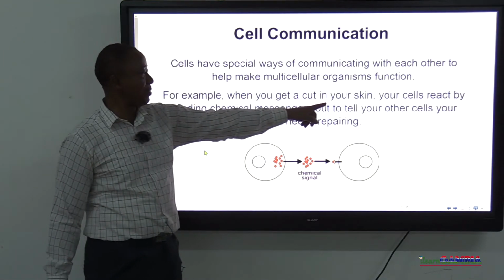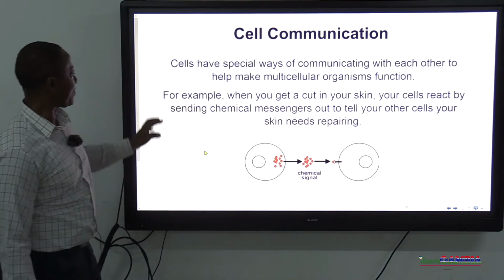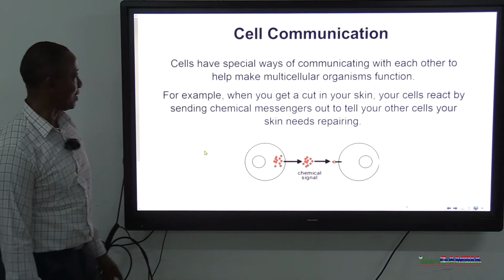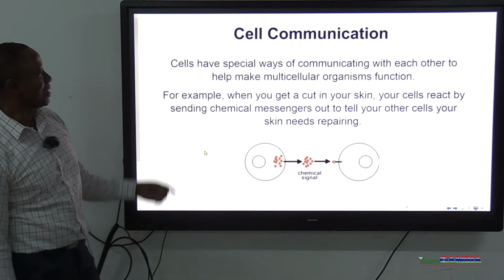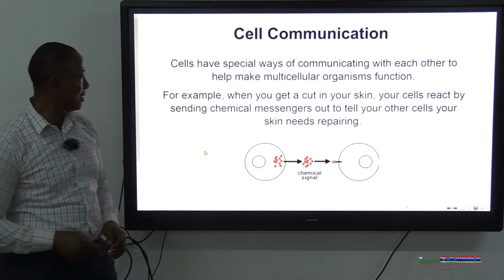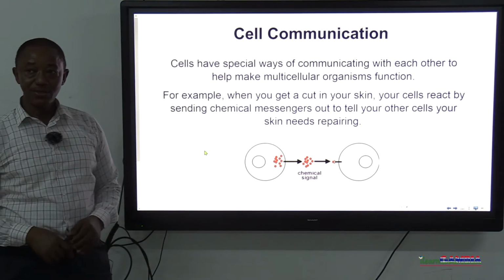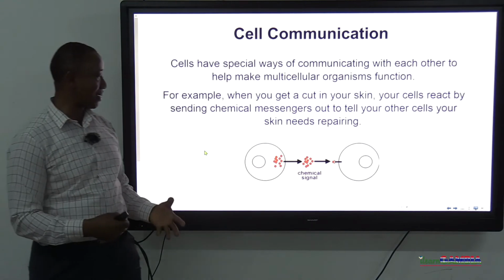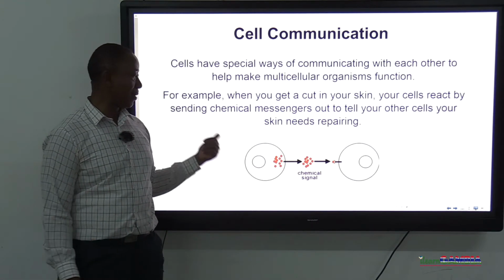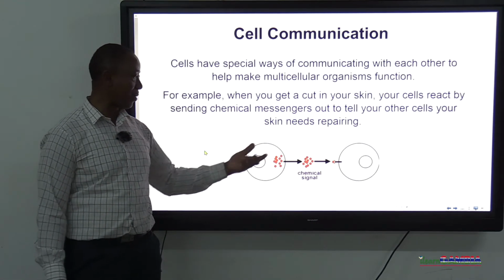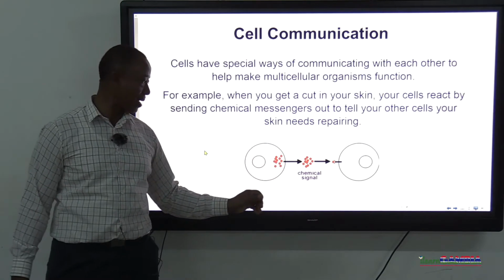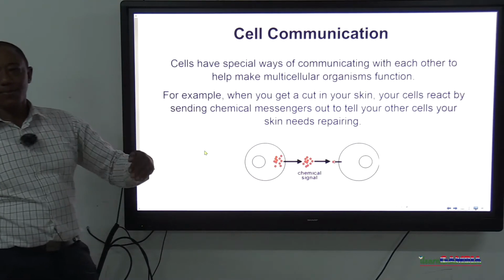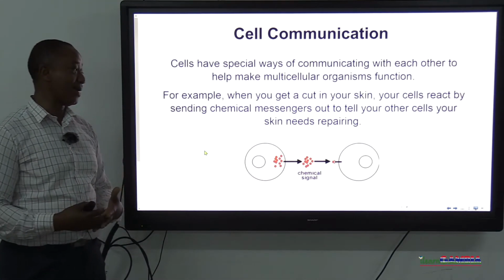When you get a cut in your skin, your cells react by sending chemical messengers out to tell your other cells that your skin needs repairing. So once you have a cut, for example, on your finger, chemicals are released, which tell the other cells in the body, like the blood, so that they can produce some chemicals, and some cells will go to that area and try to repair that cut.